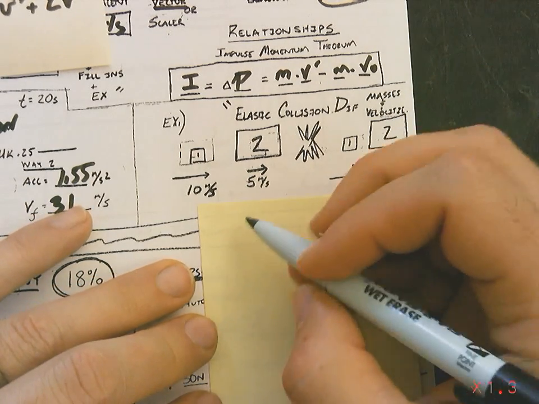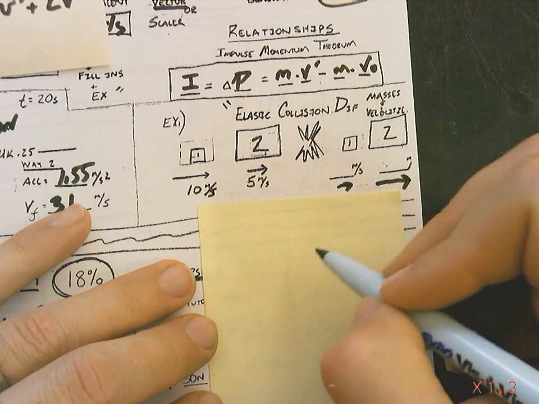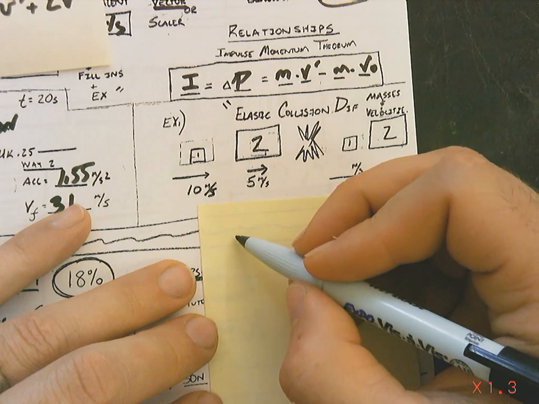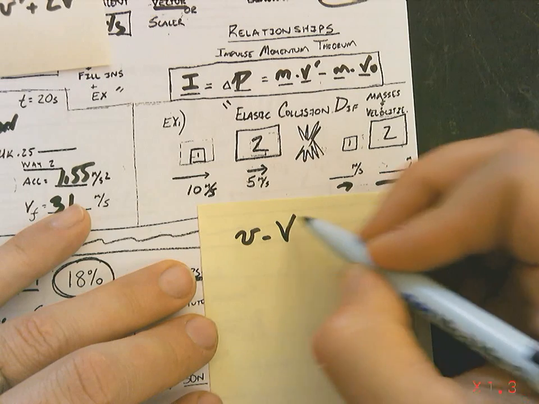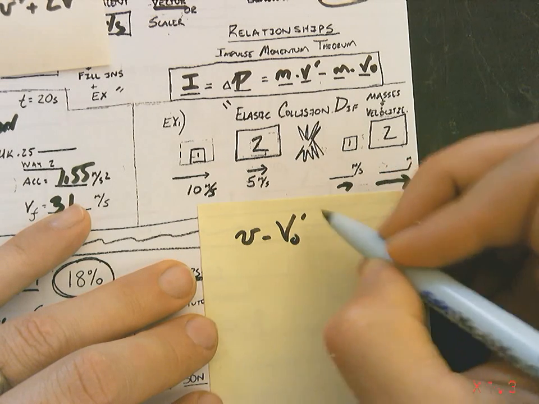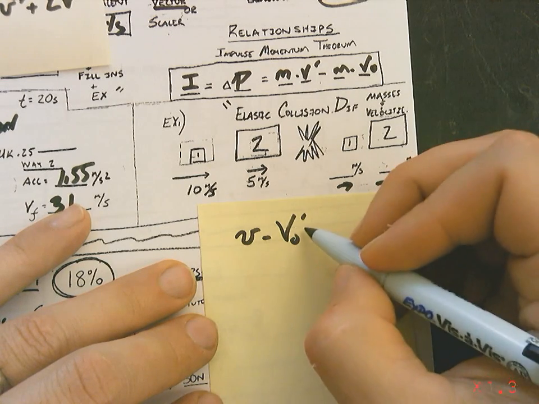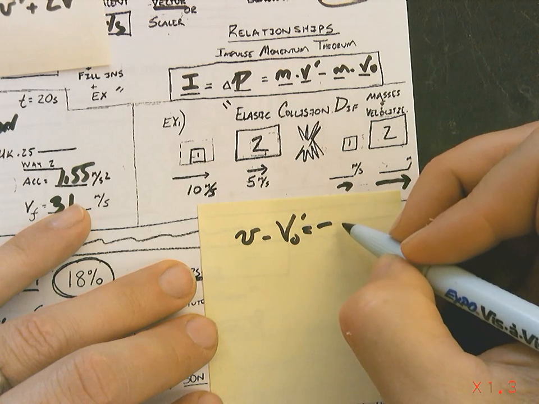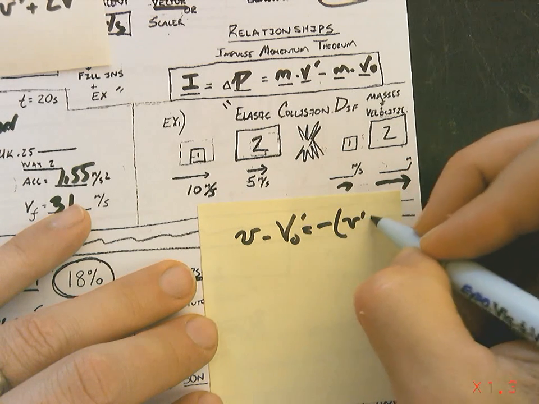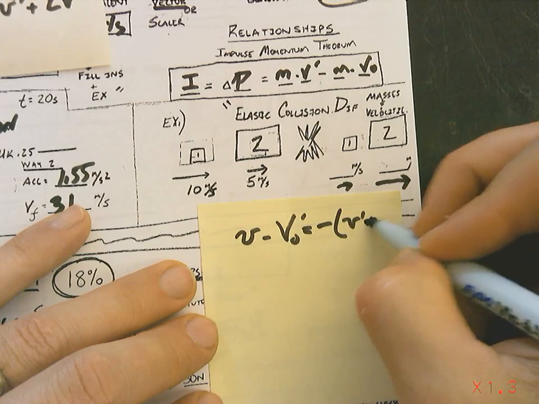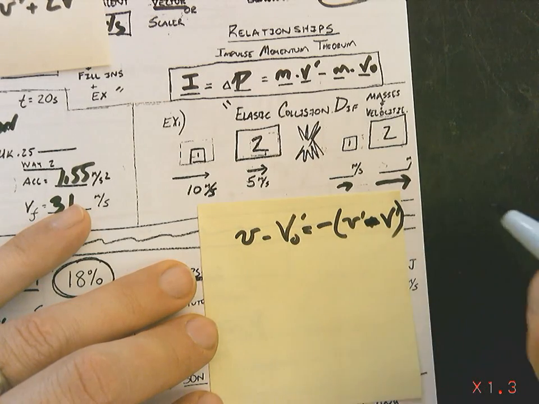So what we're forced to do then is realize that little v minus big V equals the opposite afterwards: little v prime minus big V prime.